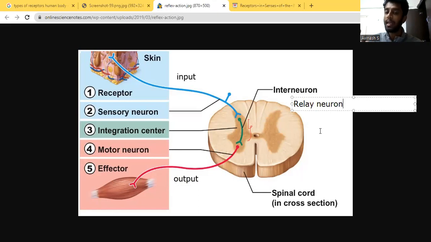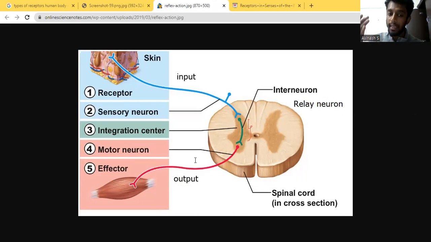Similarly, whatever information we get from the receptors through the sensory neurons is transmitted from the input to the output through the interneuron or relay neuron, which has been marked in green in the diagram. And whichever neuron takes the output back is called the motor neuron. I'll tell you why. The motor neuron is named so because it involves a movement.